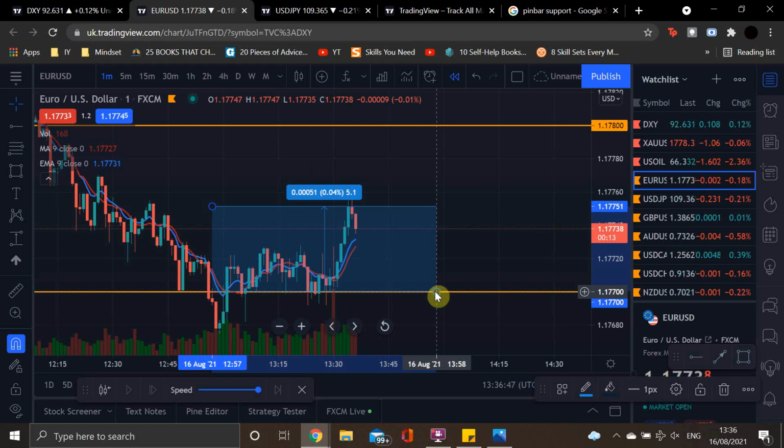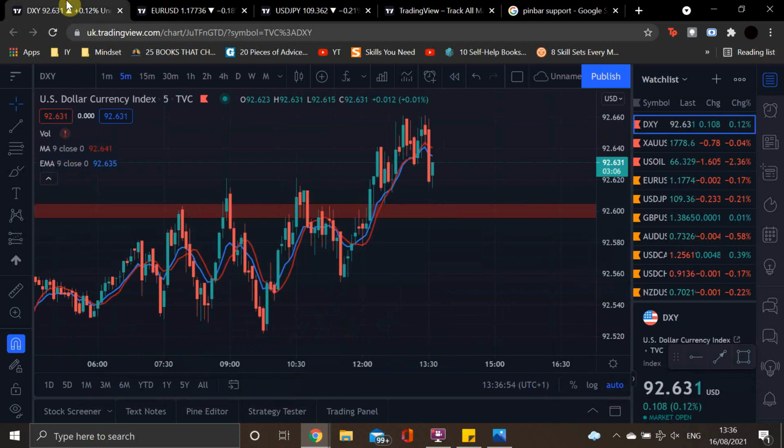That's the thing, was it trying to gain liquidity? Let's see what DXY is doing.